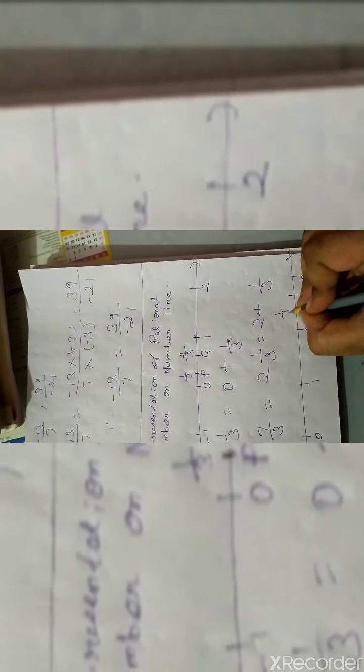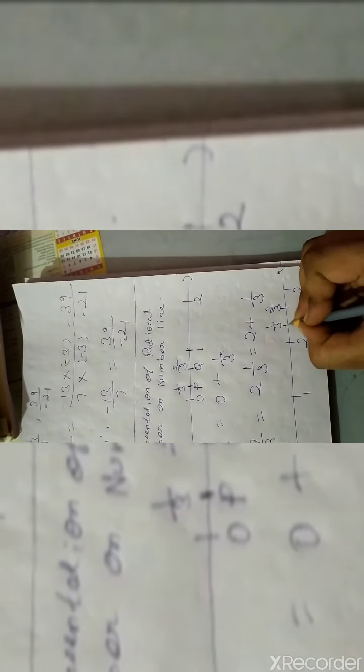So it is more than 2 but less than 3, because 1 by 3 is a proper fraction and a proper fraction cannot be more than 1. So between 2 and 3 only, divide it into 3 parts. P is the point 2 plus 1 by 3 and Q is 2 plus 2 by 3, between 2 and 3. So this point is 7 by 3.